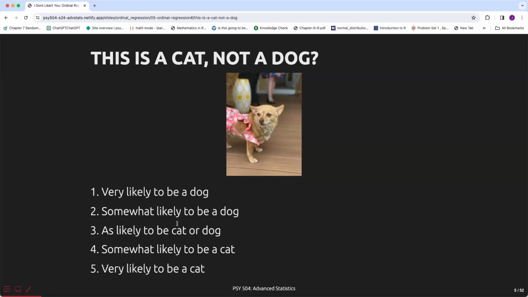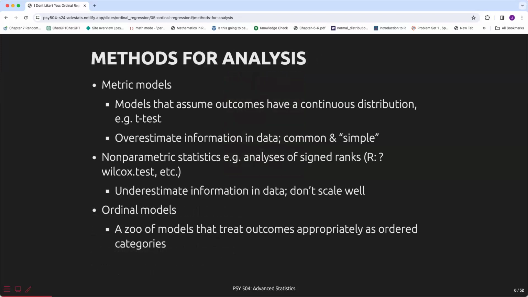As Faustine talked about, there are lots of different ways that we could analyze this type of data. The most common and traditional way is using what's called a metric model. In the Liddell and Kruschke article for this week, they talk about this as a metric model, but it's basically just parametric statistics. We would take all of those ratings, take the average, submit them to a t-test or an ANOVA, and make inferences based on that. There are also non-parametric statistics that don't make those distributional assumptions.